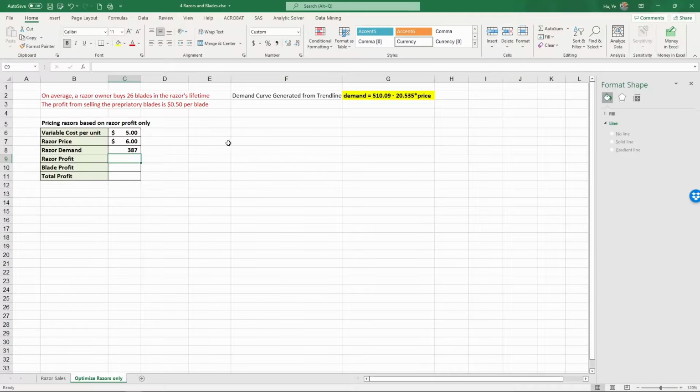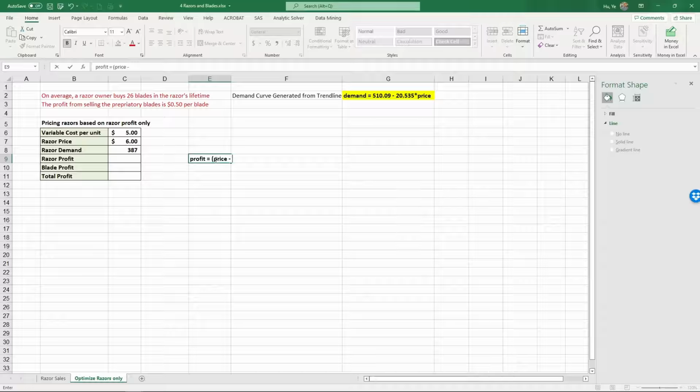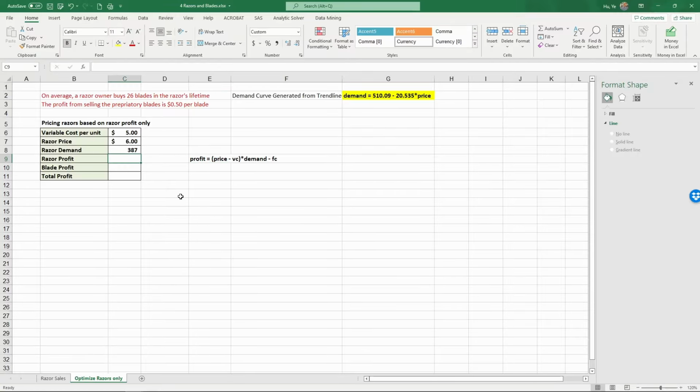Let me first type this down. Profit is equal to price minus variable cost times demand and minus fixed cost. And here we know that fixed cost has no influence on profit, so I didn't even give you the fixed cost, so we don't have to worry about it.